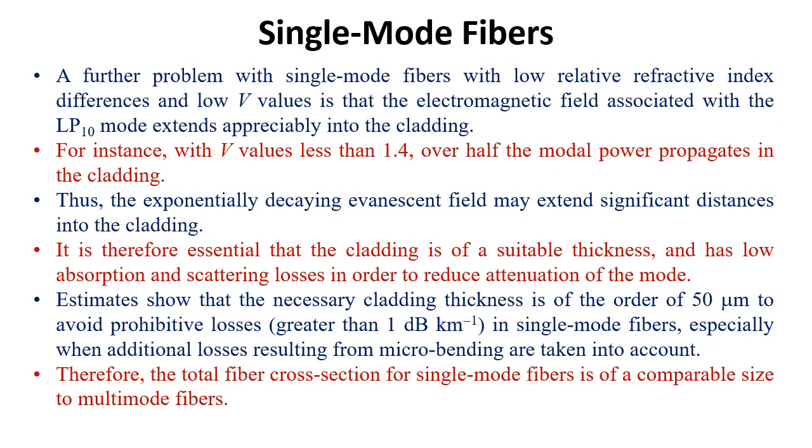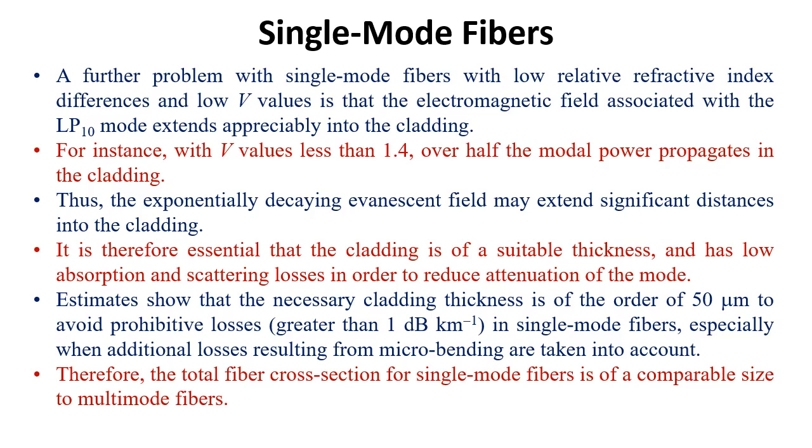A further problem with single mode fibers with low refractive index difference and low V values is that the electromagnetic field associated with the LP01 mode extends appreciably into the cladding. That's the biggest problem, because that will increase the effective core diameter. For instance, with V values less than 1.4, over half the modal power propagates in the cladding.